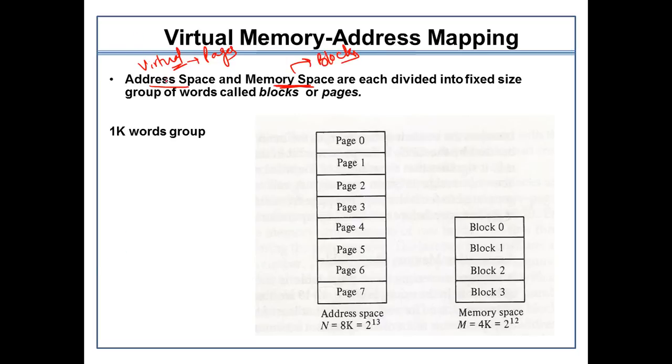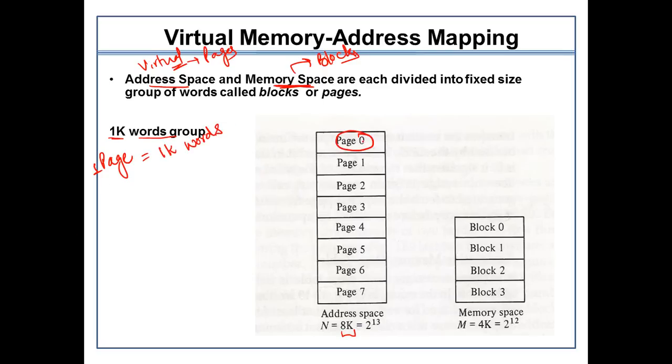So what is the size of the address space we have taken? We have taken an 8K address space. 1K is the word group. So please understand this entire terminology here. I am considering that one page is equal to 1K words.